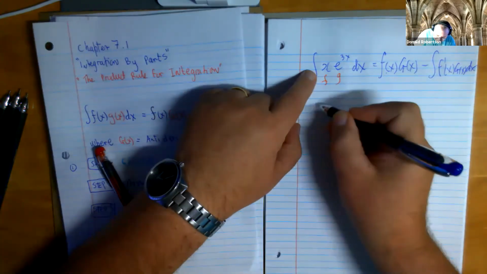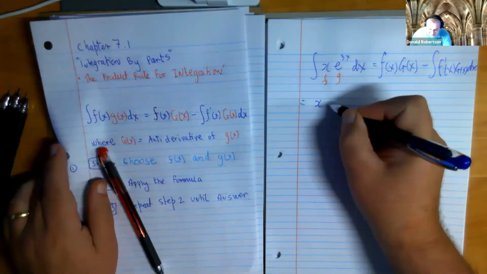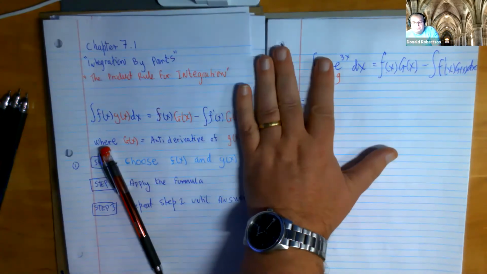f of x, which means you leave that alone. Now, g of x, capital G of x, is the integral of e to the 3x. Can you see how the linear shortcut's going to save us some time here? What is the integral of e to the 3x then?